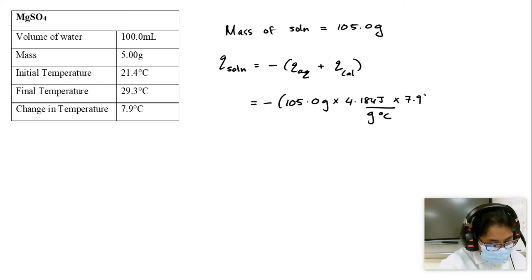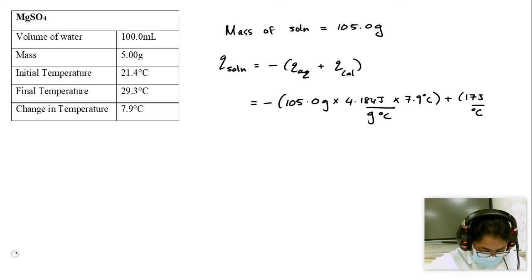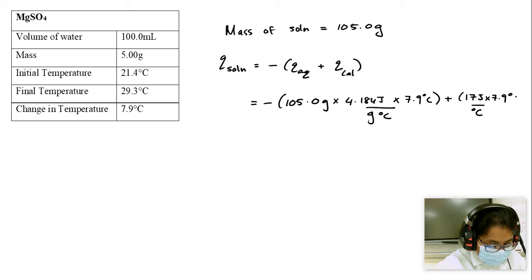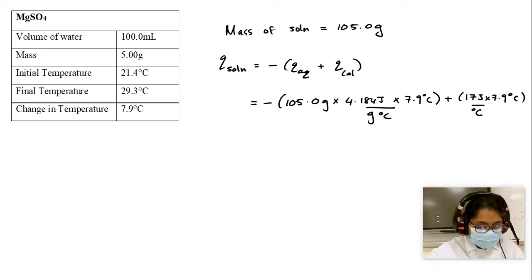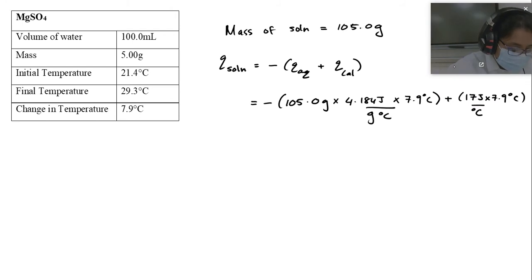Okay, so this whole term plus I have to now do the correction for the calorimeter. So that's just going to be the specific heat of the calorimeter, which I gave you guys, 17 joules per degree Celsius times the 7.9 degrees Celsius. Alrighty, so those are the two terms that we are going to add up.